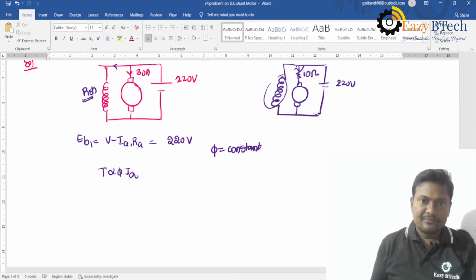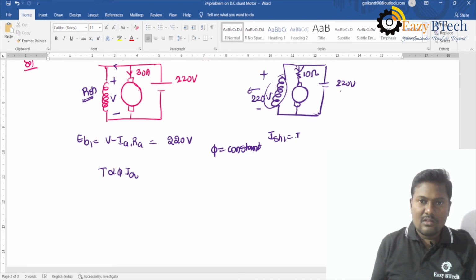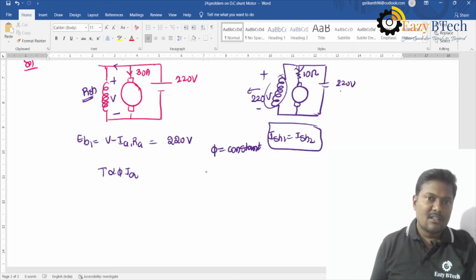Because the same 220 volts will appear across RSH, the shunt field winding, here and also with the supply voltage. So ISH1 is equal to ISH2. That's why the flux is constant, that is phi1 is equal to phi2.